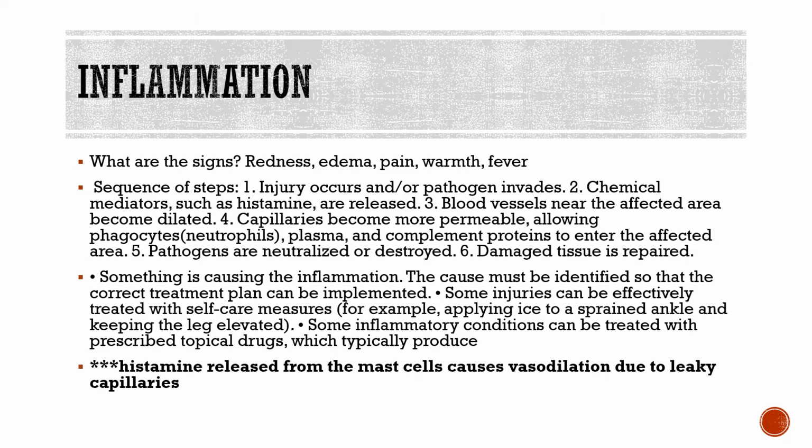We see the blood vessels become dilated. The capillaries definitely become more permeable, and that has to happen because we want those macrophages and the phagocytes, the neutrophils. We need those fighters to be able to get to where the injury is, right?